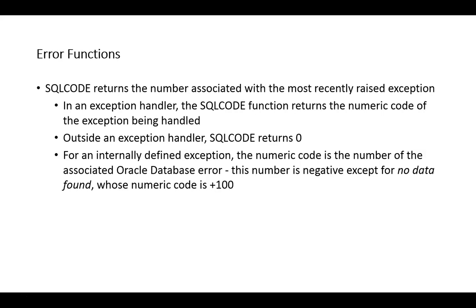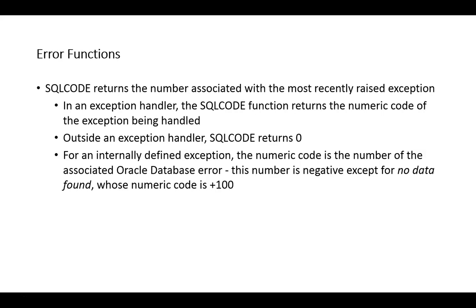Outside of an exception handler, SQLCODE returns a value of 0. For an internally defined exception, the numeric code is the number associated with the Oracle database error. This will be a negative number, except for the situation where we have NO_DATA_FOUND, which could be considered an error, could be considered a warning. In this case, NO_DATA_FOUND returns a positive number, plus 100.